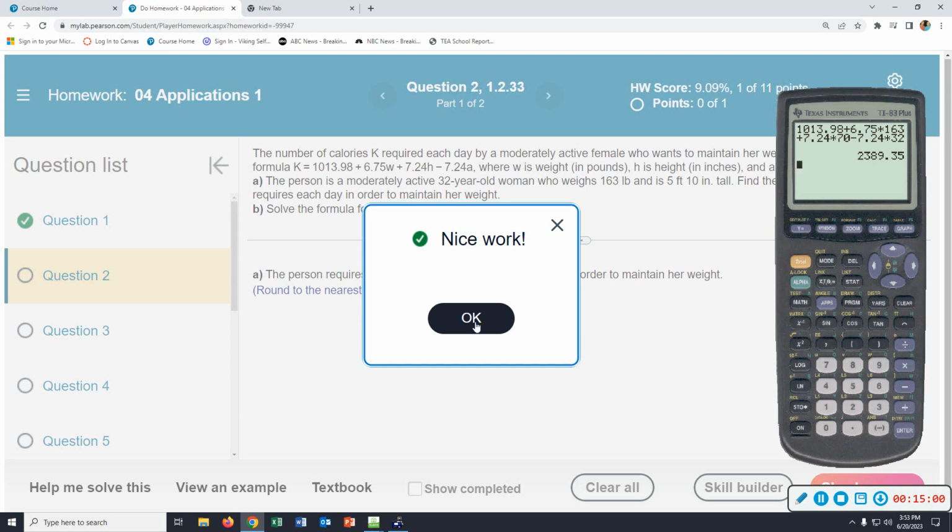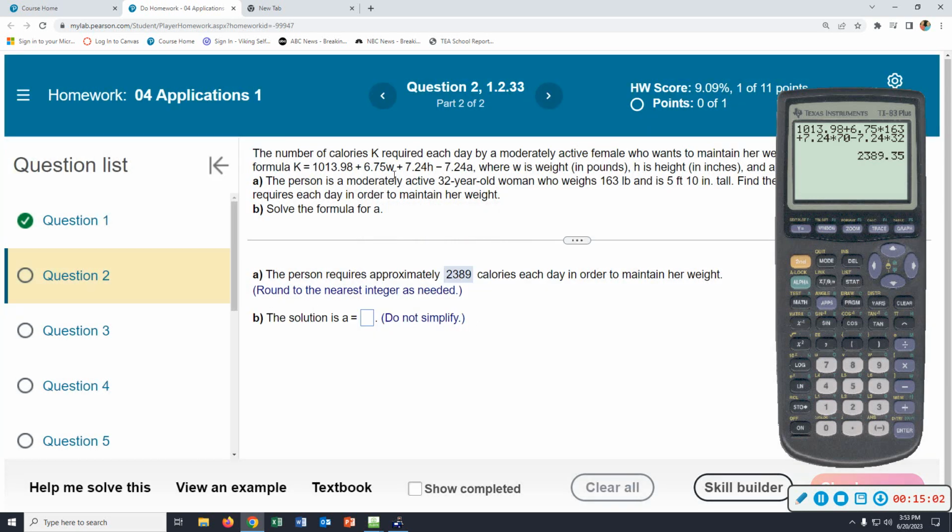And now, oh, they want us to solve for A. So let me write down the formula.